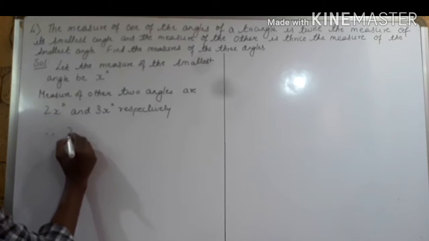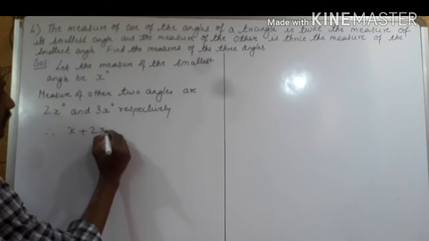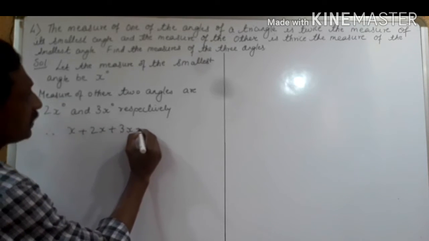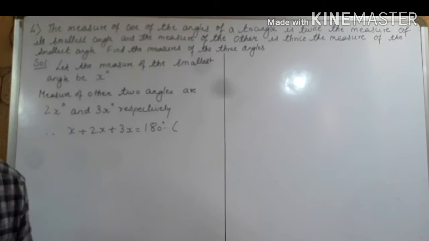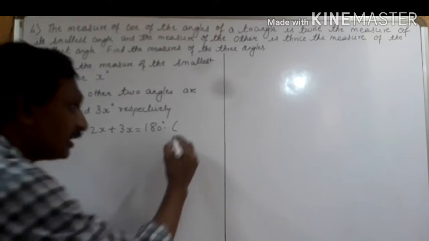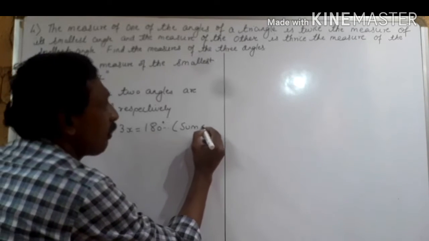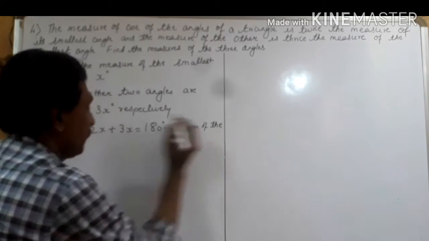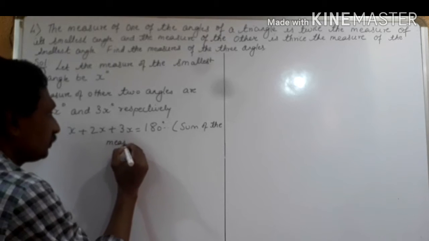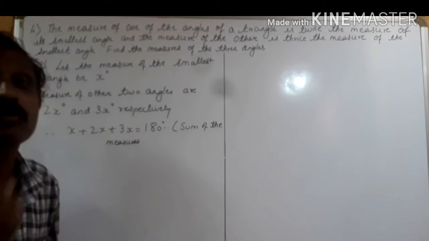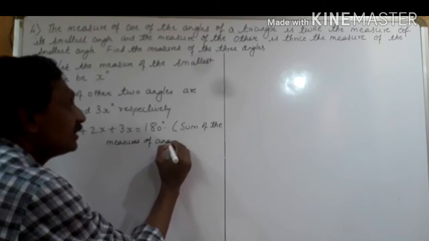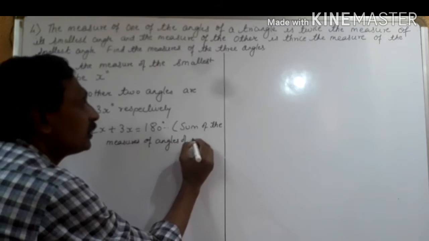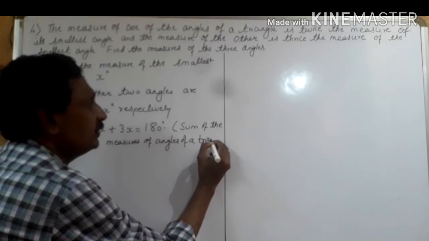Therefore, x plus 2x plus 3x is equal to 180 degrees. Reason: sum of the measures of angles of a triangle.